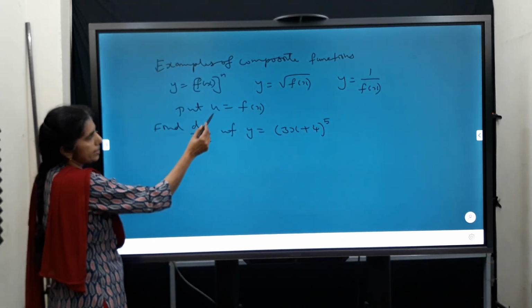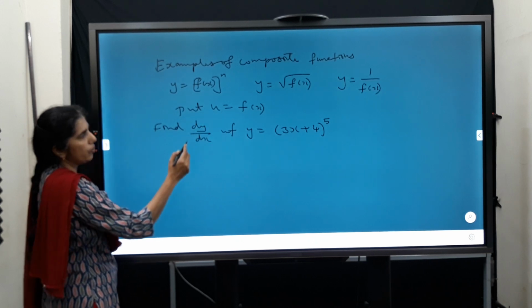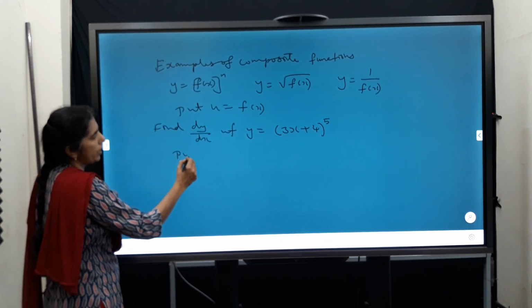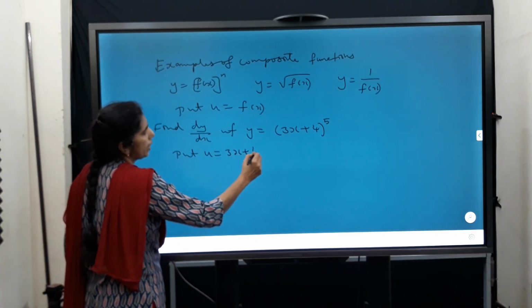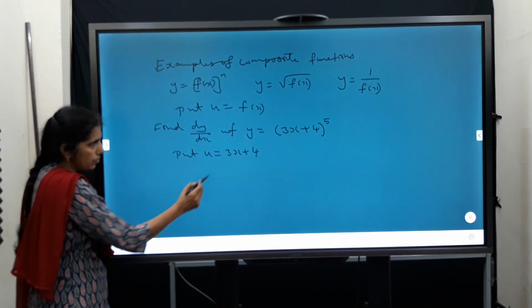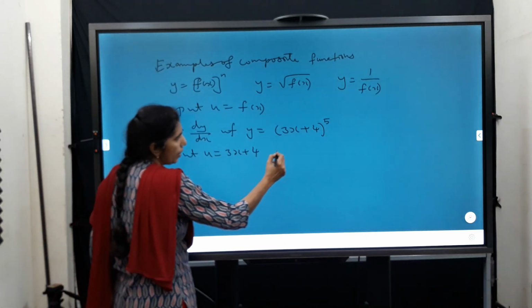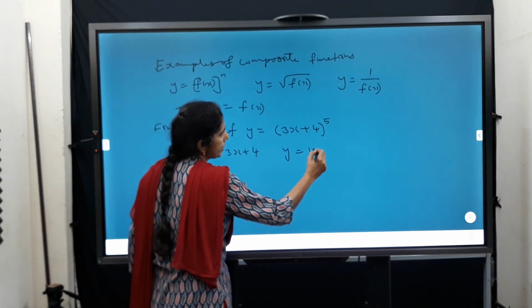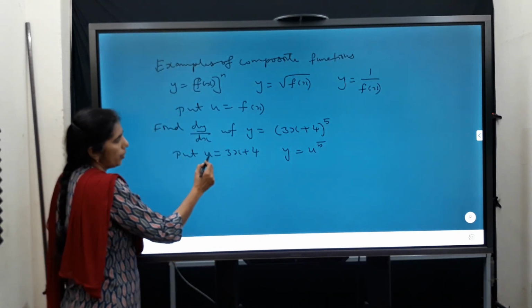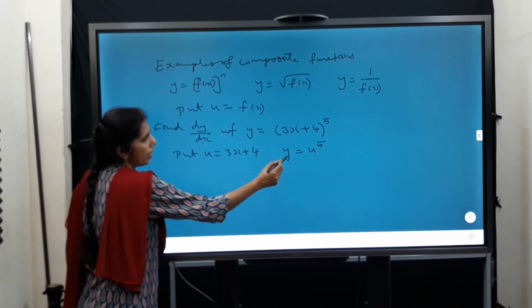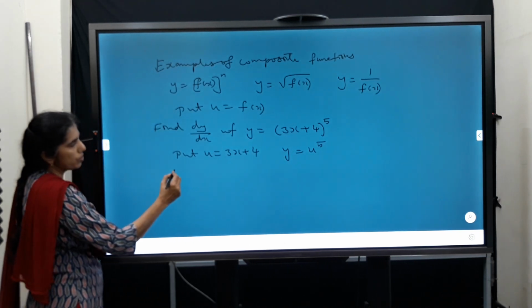So in all these examples I told you we put u equal to f of x. So here we put u is equal to 3x plus 4. So then we can write y as equal to u raised to 5.